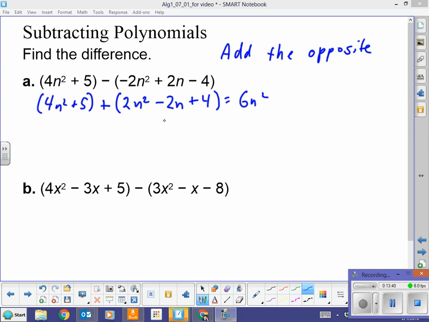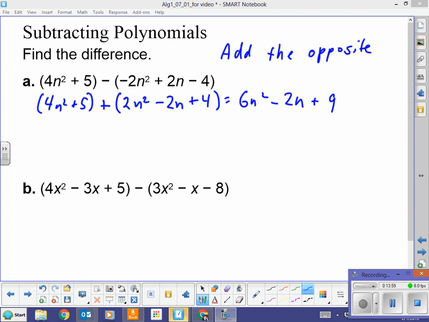The negative 2n, there's no like term for the n, so that's going to be by itself. Negative 2n. And then I've got 2 constants here, 5 plus 4, so that's just 9.